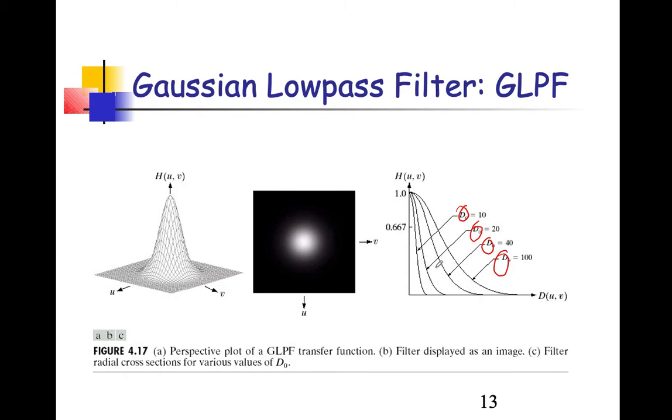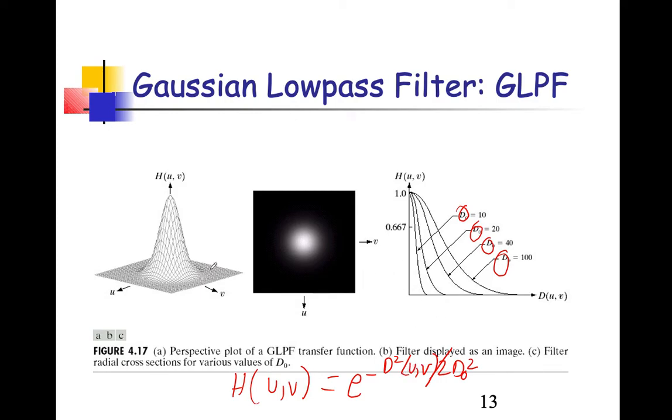We have different cutoff frequencies based on our requirement, and the transformation function for this Gaussian low pass filter is given as H of u comma v equals exponential minus D squared of u comma v divided by 2 D naught squared. This is the Gaussian low pass filter expression.